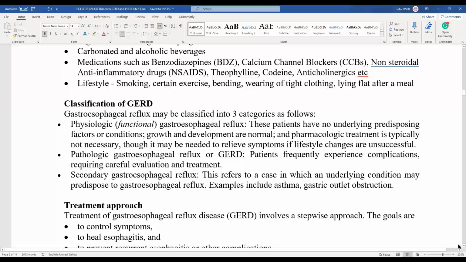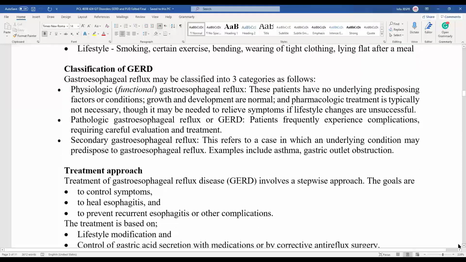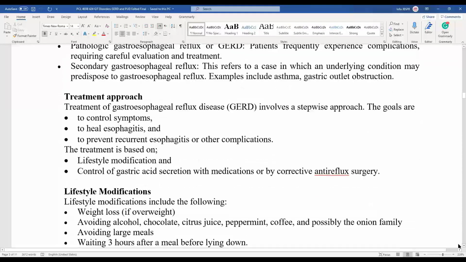Then treatment. The approach to treatment is mainly, one, to control symptoms, two, to heal the esophagitis if there is any, and then to prevent recurrent esophagitis or any other complication.